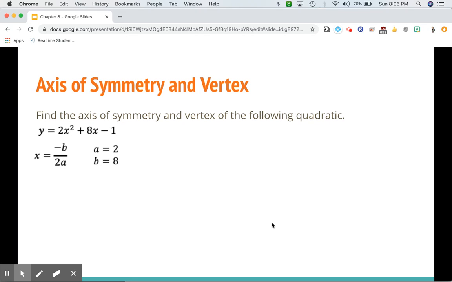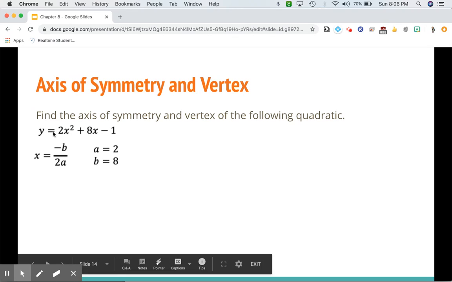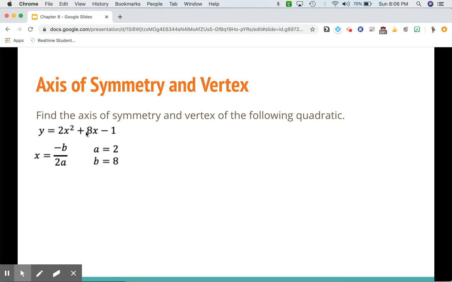In this case, a is 2 and b is 8. So now that you identified those values, you want to take them and plug them into your axis of symmetry formula. So now what we're looking at is x equals negative 8, because you took the b value, which was 8, plugged it in, divided by 2 times a, and you took the 2, plugged it in for a.